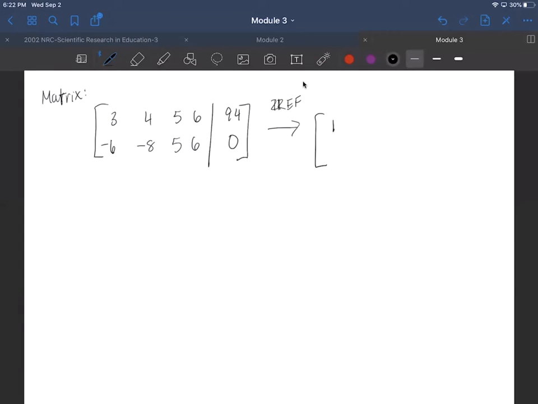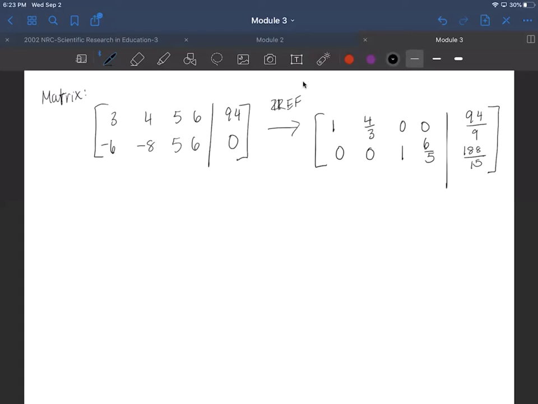So I got 1, 4/3, 0, 0, 0, 0, 1, 6/5, and then we have some ugly numbers over here, okay? So this is actually perfectly fine.